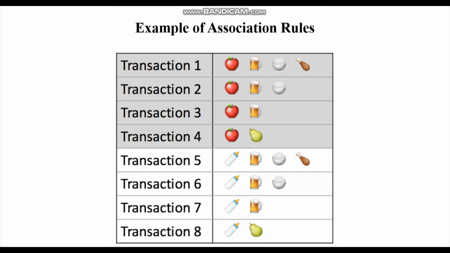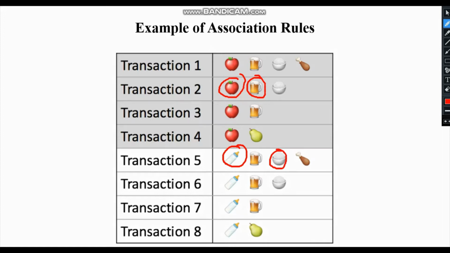We want to know which product is purchased along with another product. For example, how many times apple and beer are purchased together, or how many times rice and milk bottle were purchased together, in the total transactions. So that is what association rules are all about.